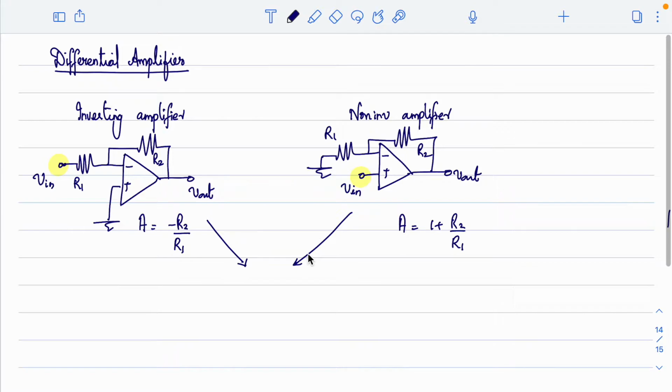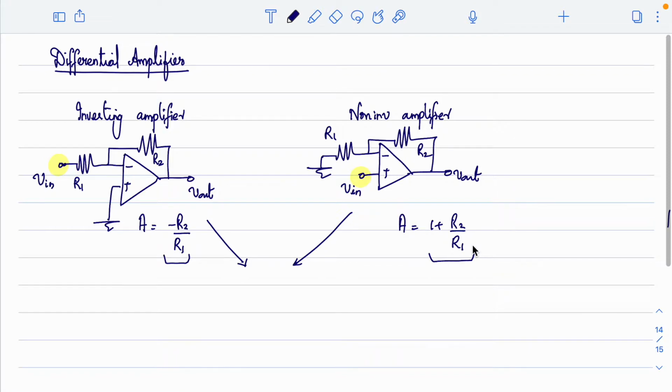Now when you combine inverting and non-inverting, for inverting amplifier the gain is minus R2 by R1, but for non-inverting amplifier the gain is 1 plus R2 by R1, so they cannot be directly combined. If I directly combine them, the gain for the inverting path and non-inverting path are different, right? So when I combine inverting and non-inverting, I should do something so that both paths will have equal gain.